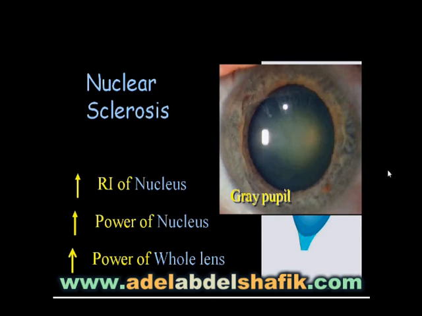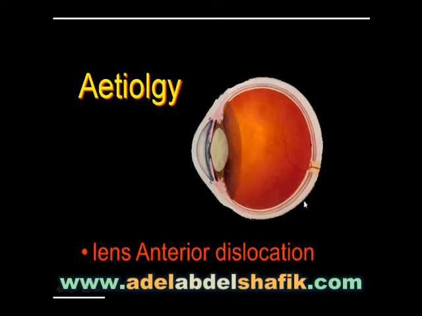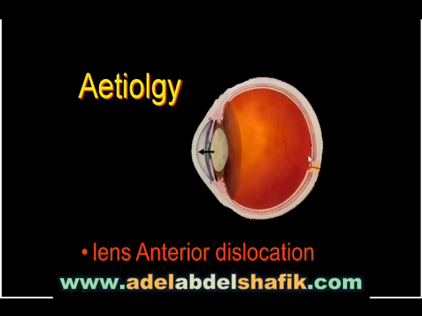Again, I have to remind you that nuclear sclerosis can also result in a grayish appearance of the pupil. The third and last etiology is anterior dislocation of the lens. This will result in increase of the power of the whole system.